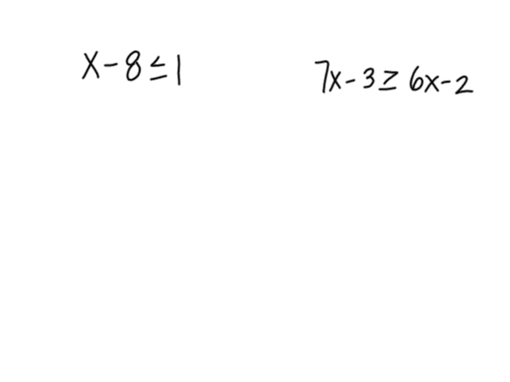In our first problem, I have x minus 8 is less than or equal to 1. To get x by itself, I'm going to add 8 to both sides. So a negative 8 and a positive 8 cancel, and x is less than or equal to 9. But we also have to write that in interval notation.